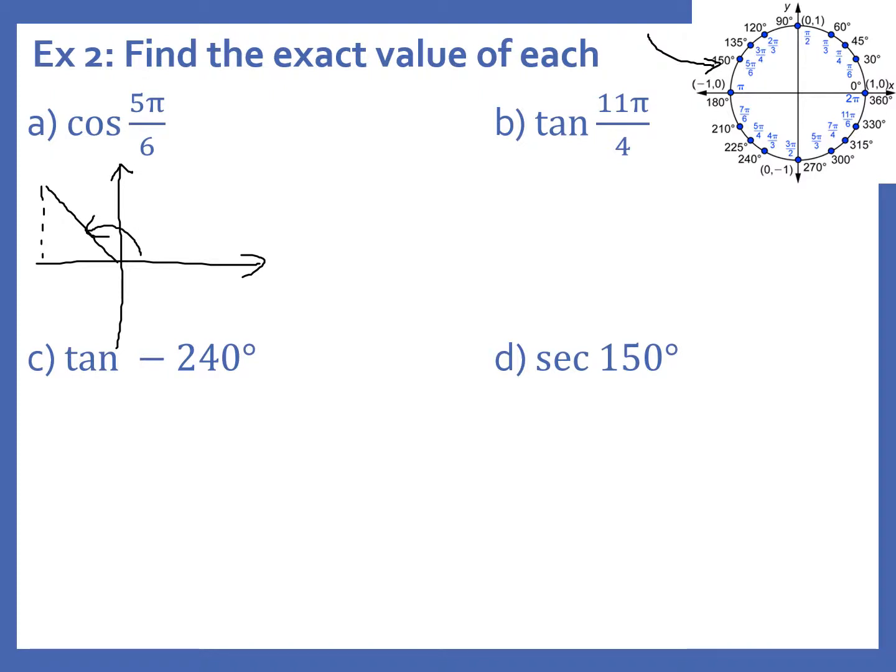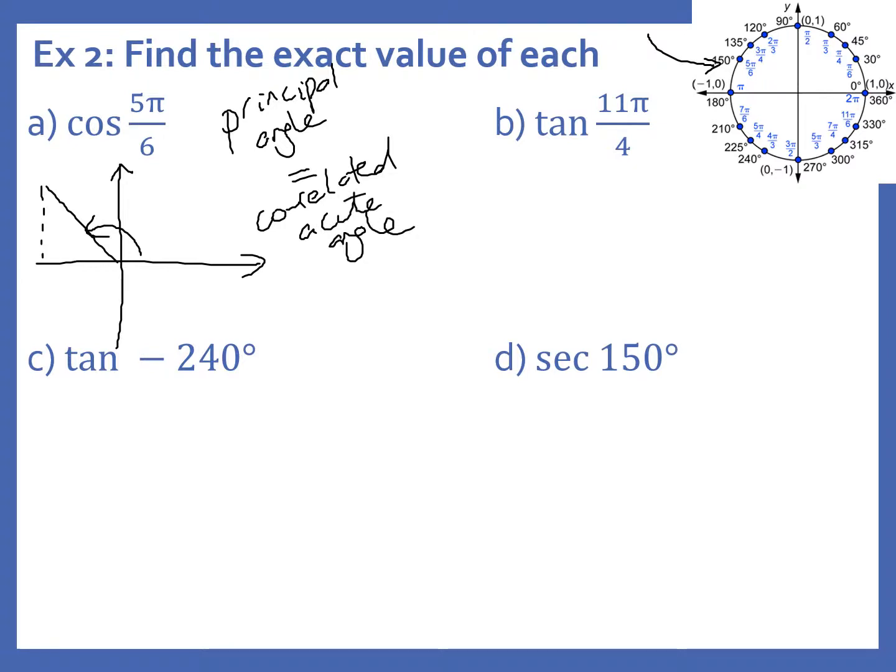And we have to remember that our principal angle, so this is from grade 11, will equal the correlated acute angle, which in other words means if this is theta, so that's actually 5 pi over 6 radians, that will equal this angle right here, which is beta. So theta will equal beta. The correlated angle is always going to equal the principal angle.